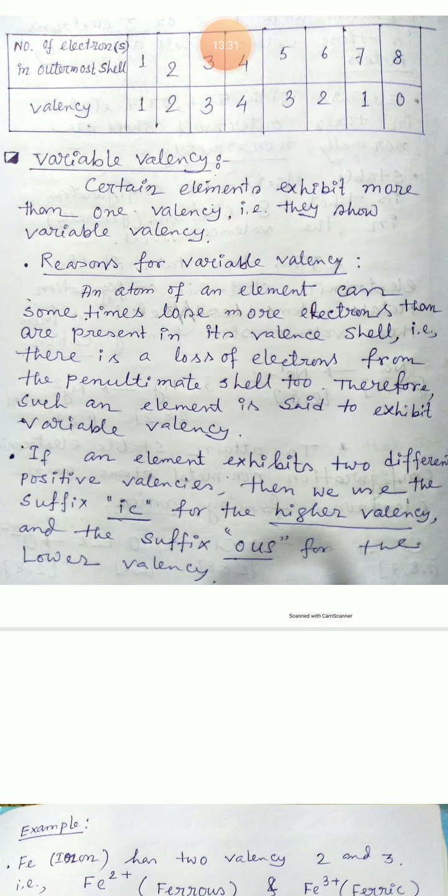For example, Fe has two valencies, Fe3+ and Fe2+. In case of 3+, we use -ic, that is ferric, and in case of Fe2+, we use -ous, so ferrous. The name of the Fe2+ ion is ferrous, and the name of the Fe3+ ion is ferric.